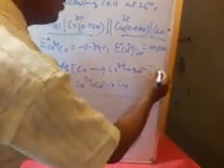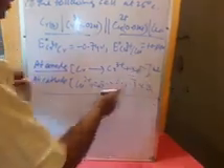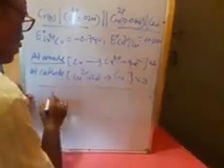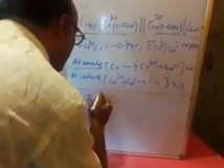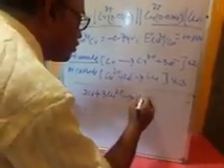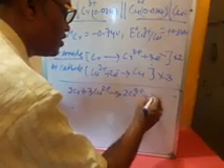Now add these two equations. Since 3 electrons and 2 electrons are involved, multiply the first equation by 2 and the second by 3, so that 6 electrons appear on each side. The net reaction will be 2 Cr plus 3 Cu2+ gives 2 Cr3+ plus 3 Cu.